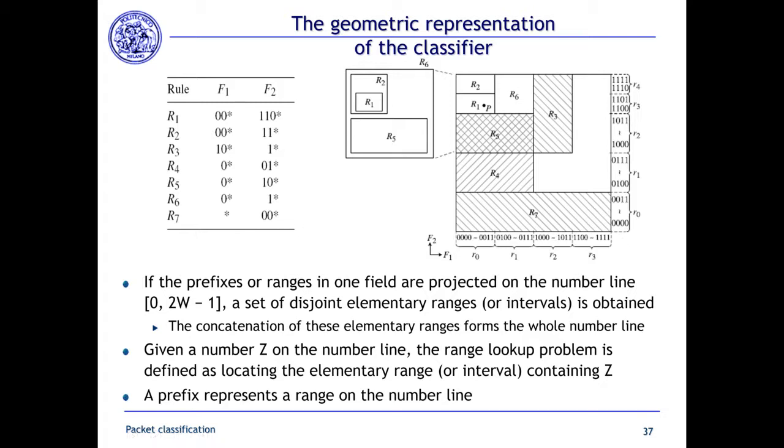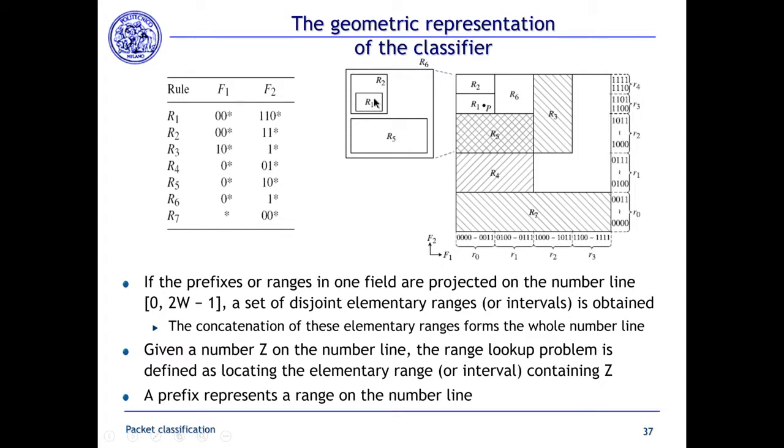Let's take, for instance, the first rule, rule 1. Rule 1 is 00 in field 1 and 110 in field 2. If you identify the two projections of these two regular expressions on the two axes, rule 1 corresponds to this rectangle here.